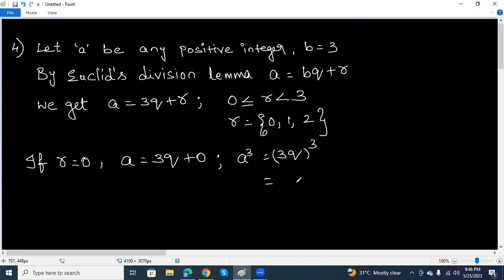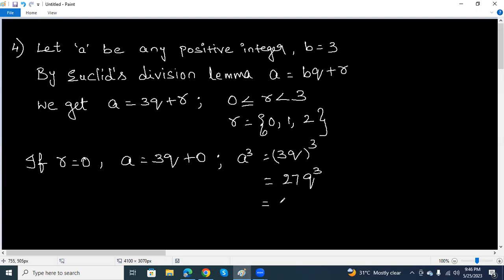So our common factor is what? 9. Actually 3 cube means how much? 3 threes are 9, 9 threes are 27, so 27 q cube. But we have to show 9m or 9m plus 1 or 9m plus 8, so 9 is going to be our common factor.